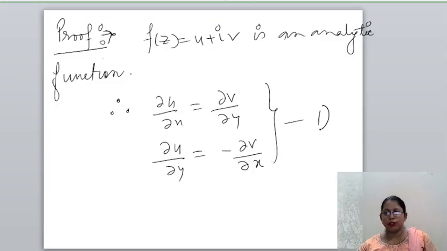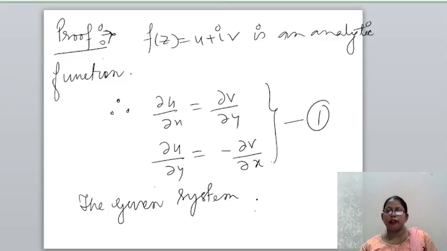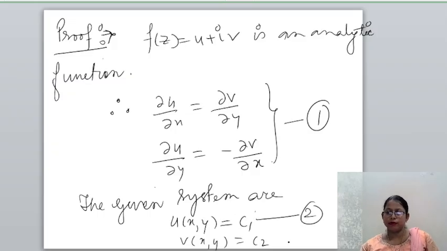Call this equation 1. What are the given families of curves? That is u equal to u(x,y), equal to c1, and v equal to v(x,y), equal to c2. Call these equation 2 and equation 3.